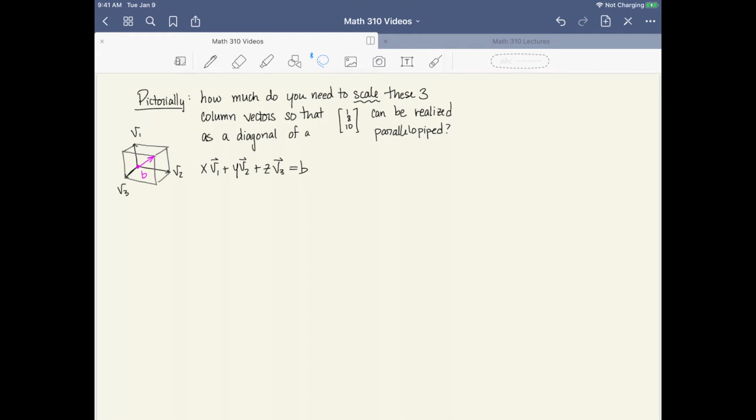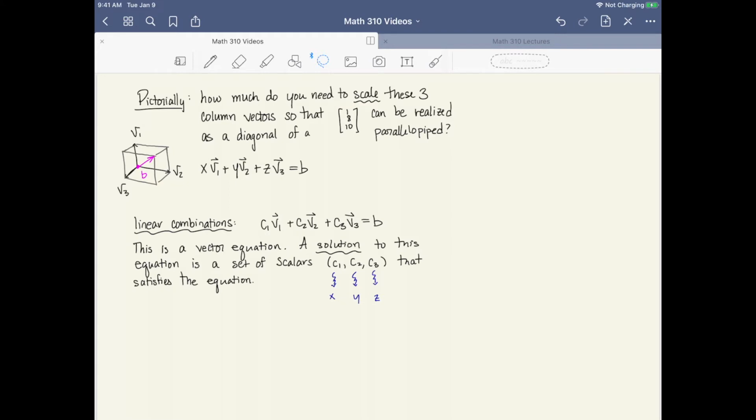If we're trying to figure out how much we need to scale these 3 vectors so they add up into a 4th vector, what we're asking is, how much do I need to scale my first column vector v1 and my second column vector v2 and my third column vector v3, so that the last column vector, which is the one that we usually call b, can be realized as the diagonal of the parallelepiped that's spanned by the 3 column vectors v1, v2, and v3.